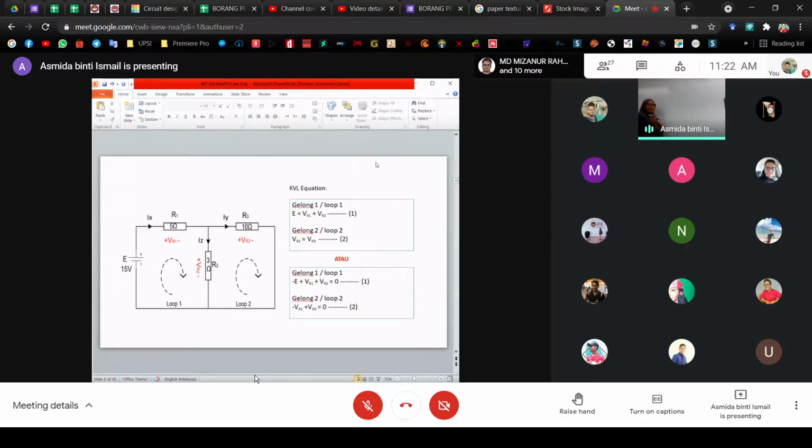We look at the second example, where this equation just has one voltage source. So for this question you can use Ohm's law, like in the previous lecture.